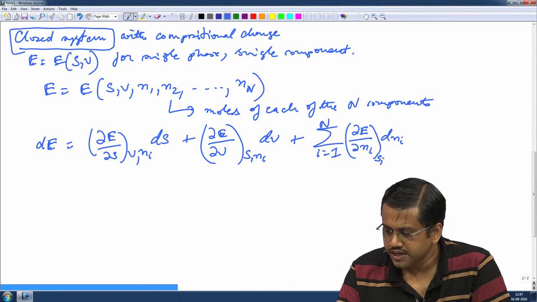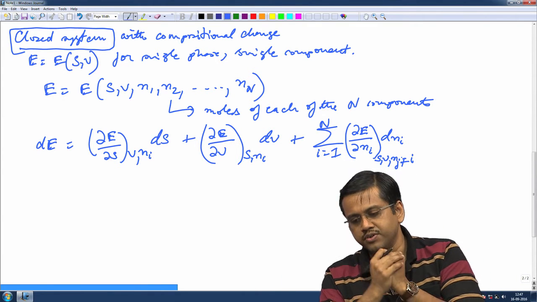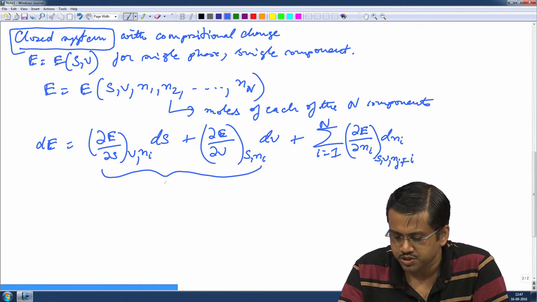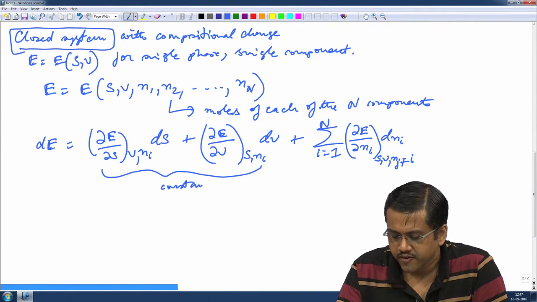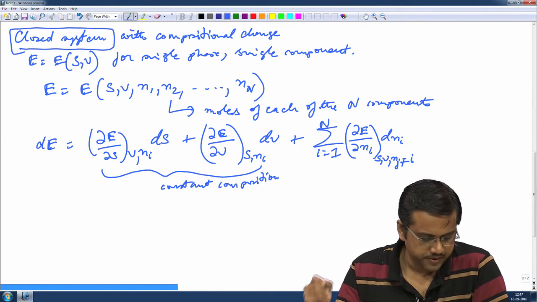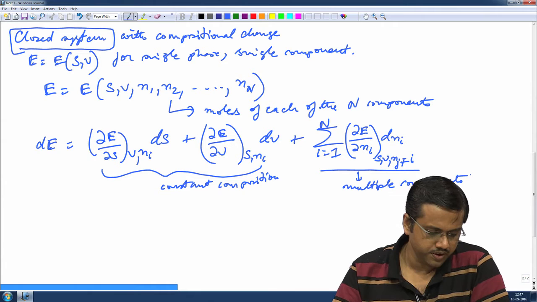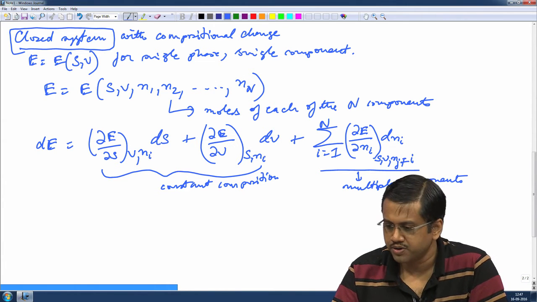This is for constant S, constant V, and constant Nj, where Nj is not equal to Ni. Okay. So, this is for the constant composition part, and this is the effect of multiple components. Okay. This is the effect of multiple components, right.